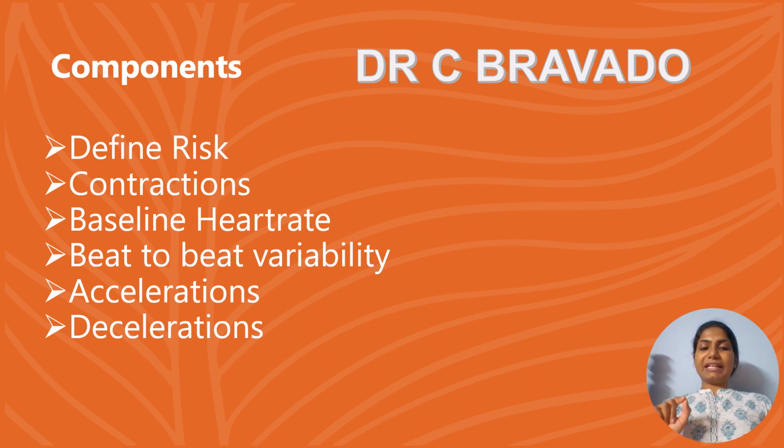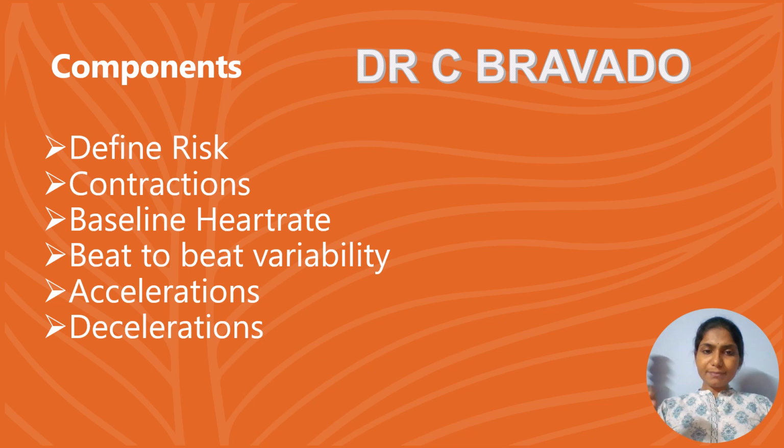This is very important. We have to see the baseline. How do we see a baseline? We have to take a 2-minute strip over that 20 minute NST strip which does not have any accelerations or decelerations. This 2-minute standard line we take to predict the basal heart rate.